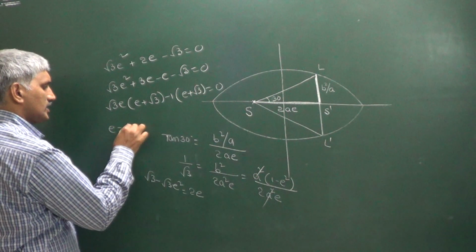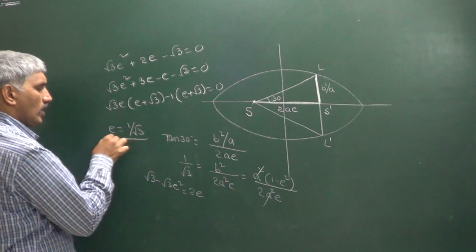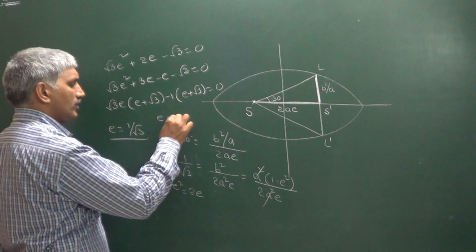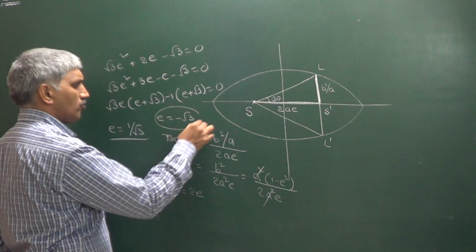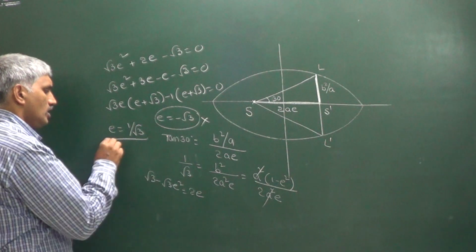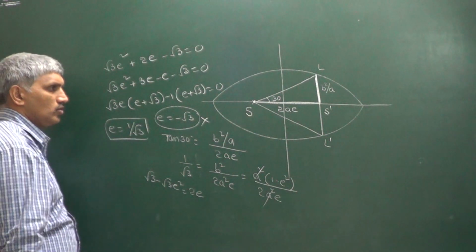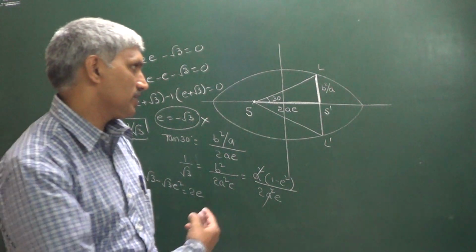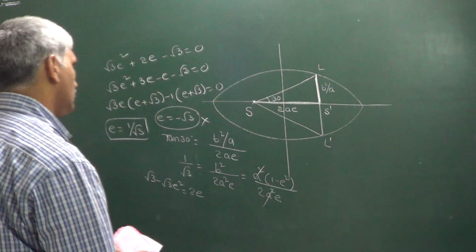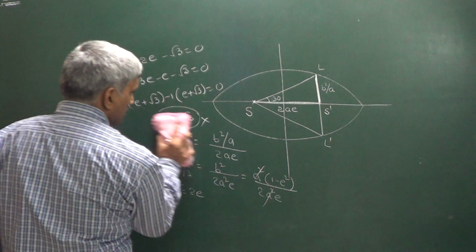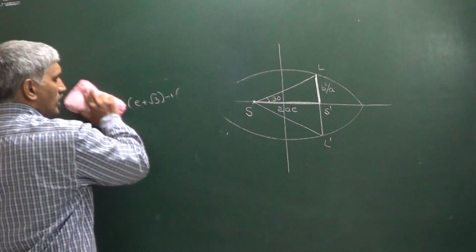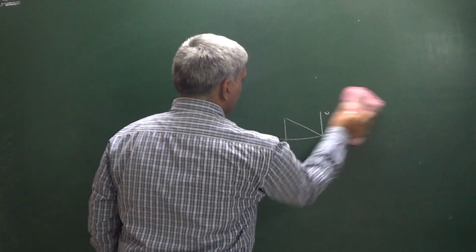Therefore, we are getting eccentricity is equal to 1 by root 3 and the other e value is minus root 3. E equal to minus root 3 is not possible. That's why eccentricity is equal to 1 by root 3. So when S L L dash is an equilateral triangle, we got eccentricity equal to 1 by root 3.